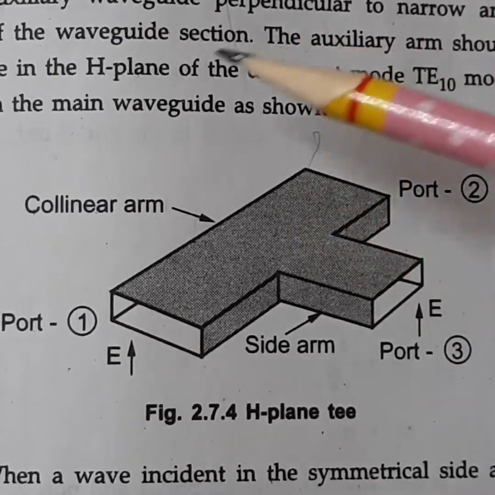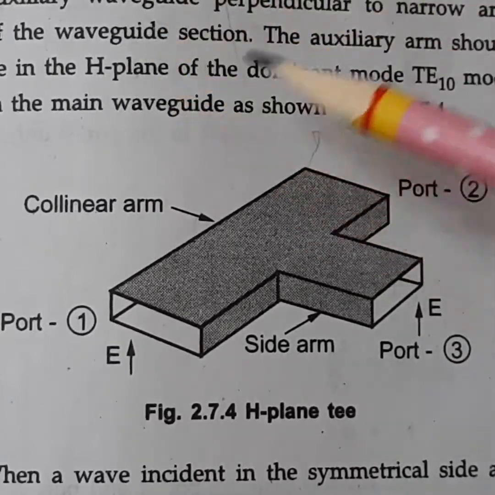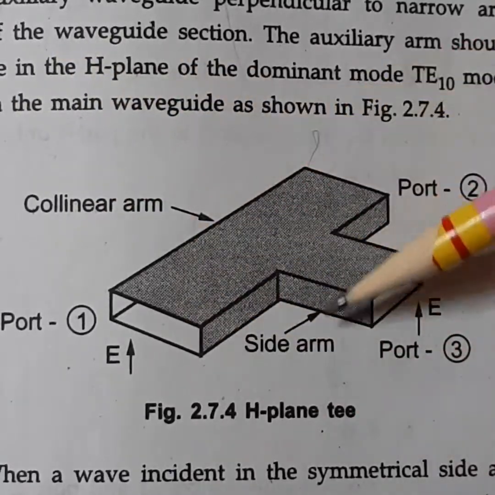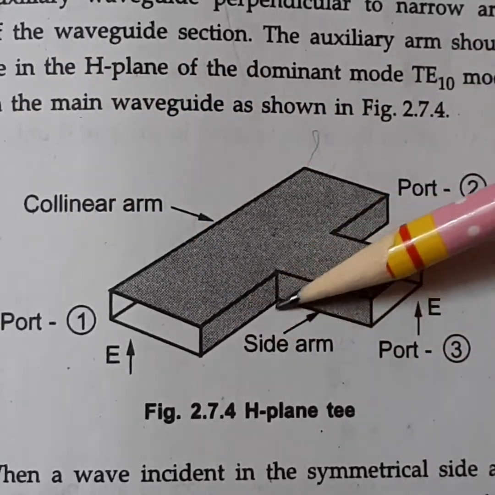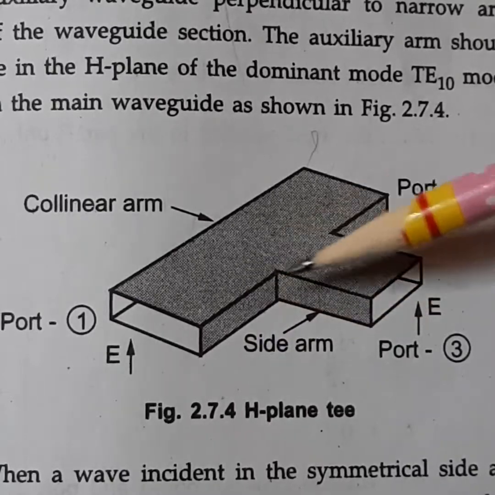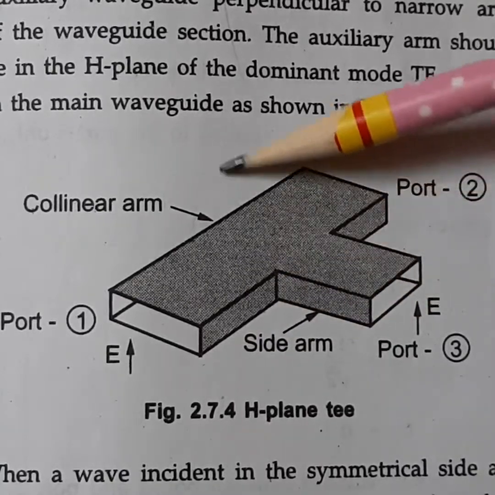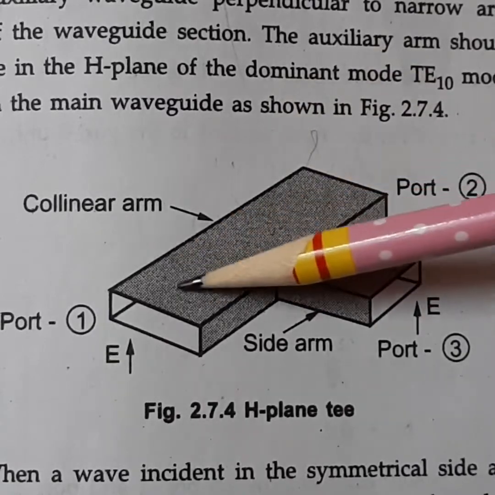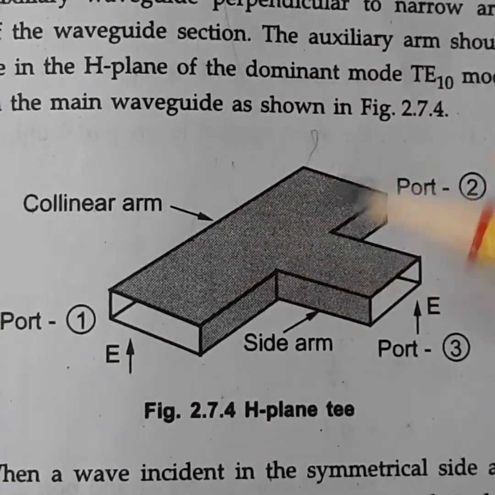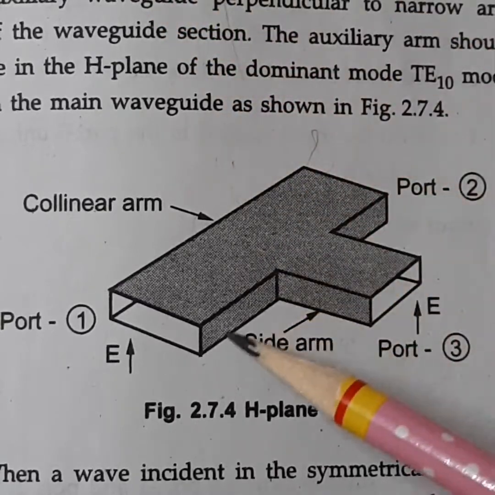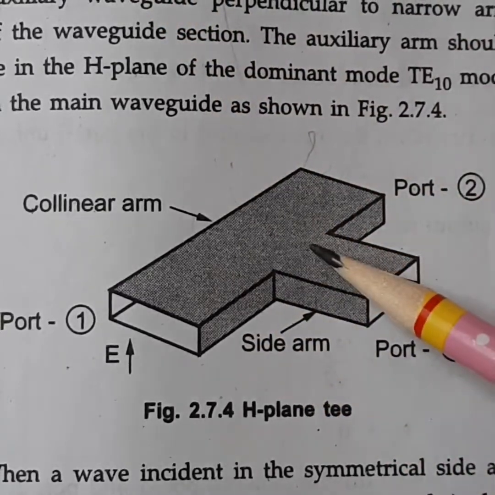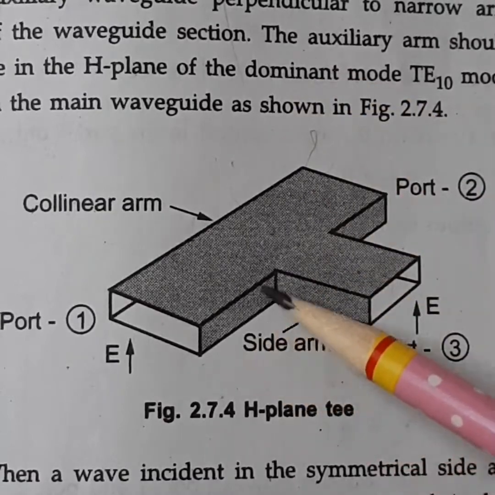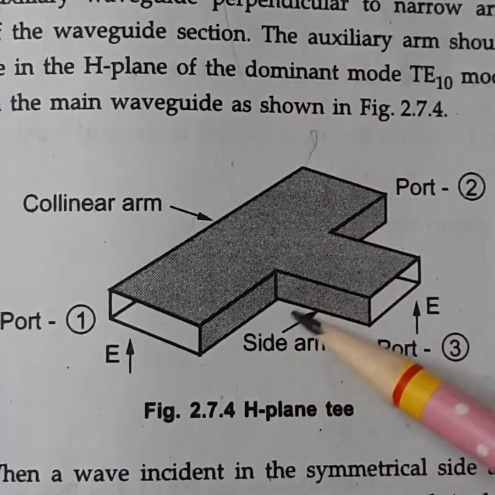So here in the H-plane T, what we are doing is securing the auxiliary waveguide perpendicular to the narrow arm. Okay. In E-plane, we had fixed it to the broader wall of this waveguide section, and in H-plane we are securing the auxiliary waveguide perpendicular to the narrow wall of this waveguide section.